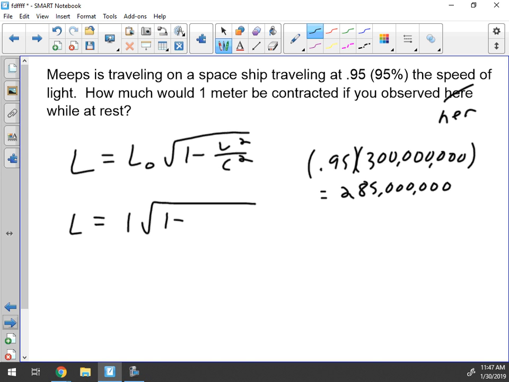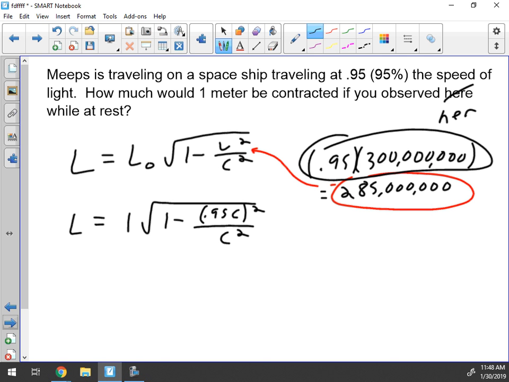I could plug 285 million into my v. That would totally work. But I'm going to have that big number squared, and then I'll have to plug in 300 million into c and square that. I'm going to get very big numbers. So instead, I'm going to just put 0.95c, which is basically what I had right here. So I'm plugging that into my v.